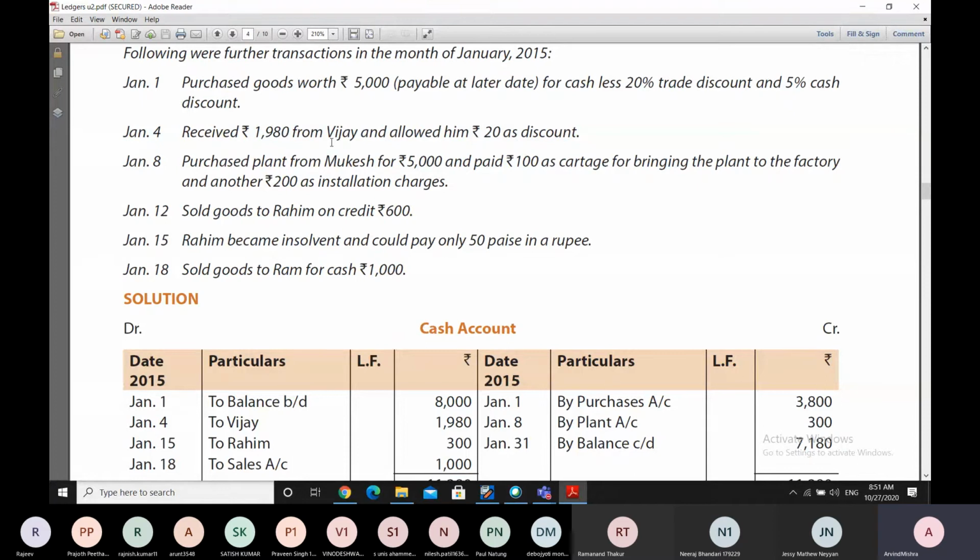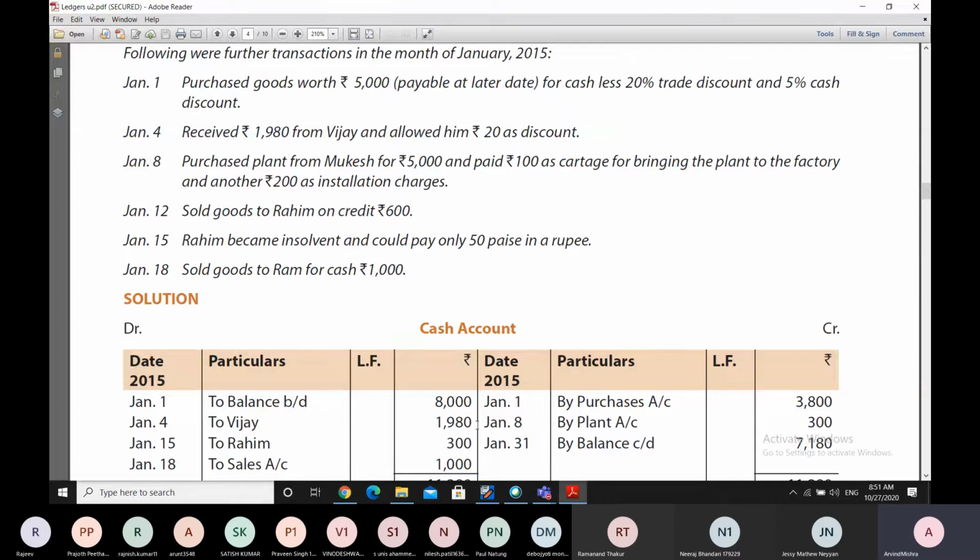Vijay's account will also be affected here. Let us see how this entry is being made here. So in the cash account, we are writing 1,980 after reducing whatever discount was there. We are debiting the cash account by 1,980 because we have received 1,980.